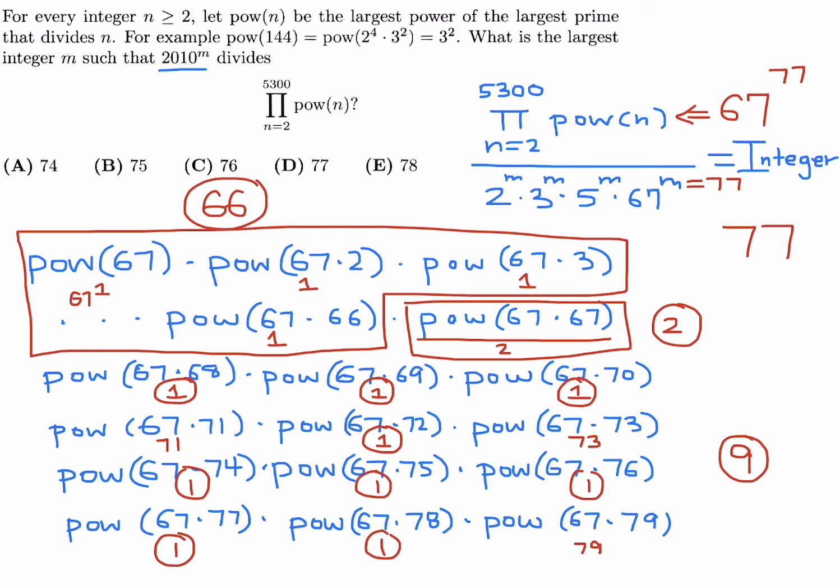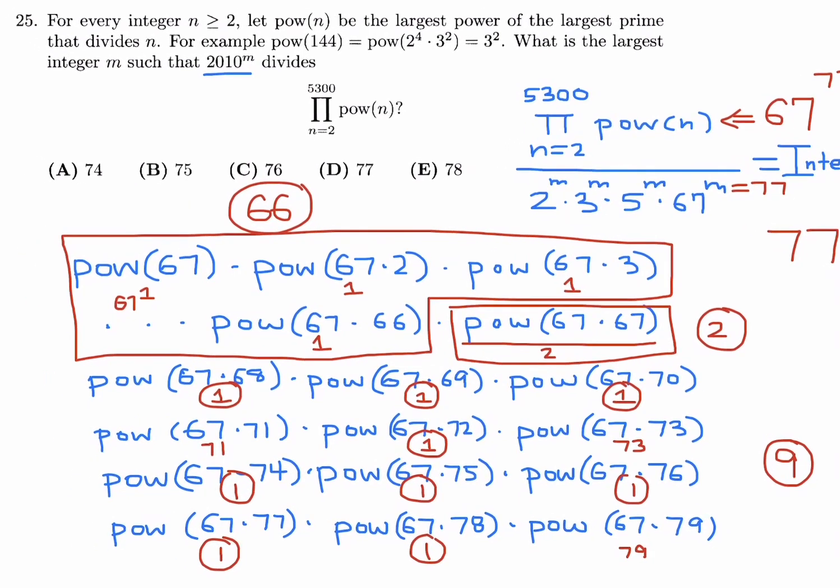Right? So I hope that makes sense. It's a really good question. Practice it. I hope I have explained it the best I can. If you're still unclear, take it home for the weekend. Spend more than 3 minutes on it. And I hope you come to the same conclusion. So number 25, the answer is D.